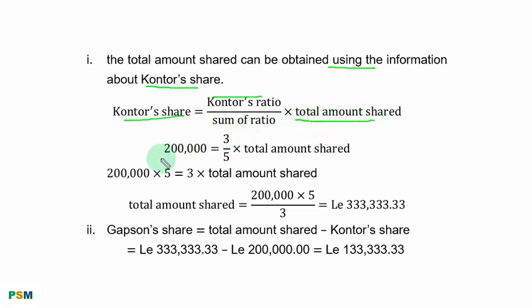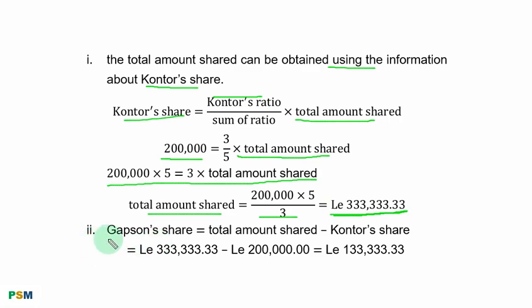That is 200,000 equal to 3/5 times total amount shared. Multiply through by 5 to clear fraction. To get total amount shared, divide both sides by 3 and you have this as total amount.